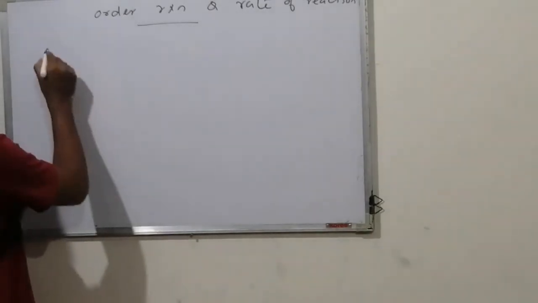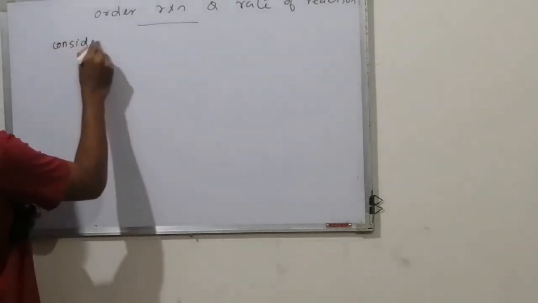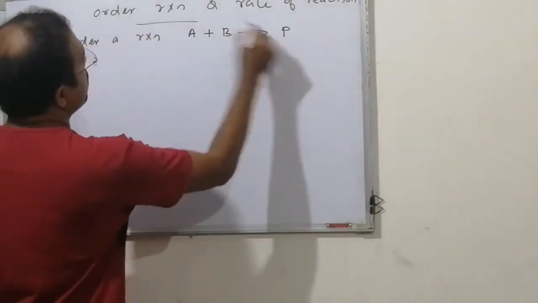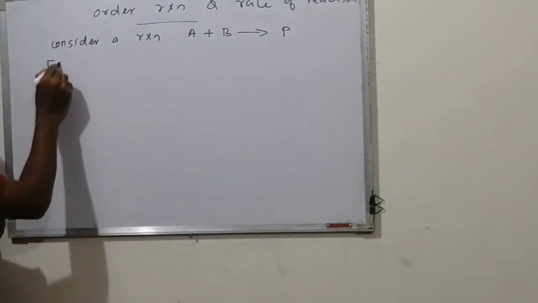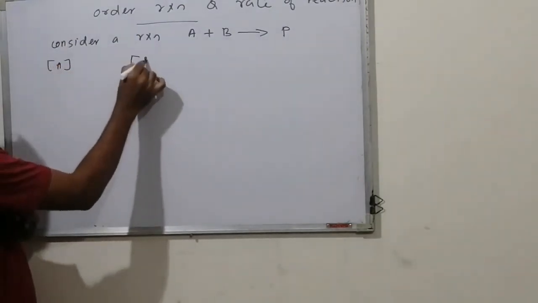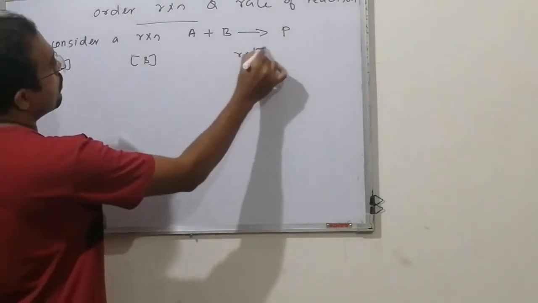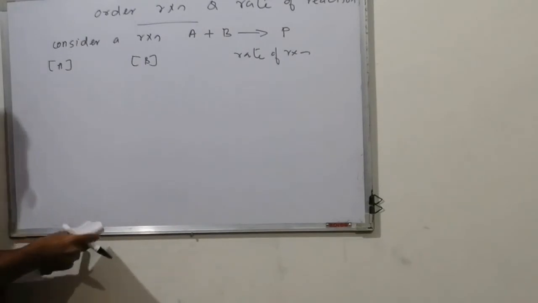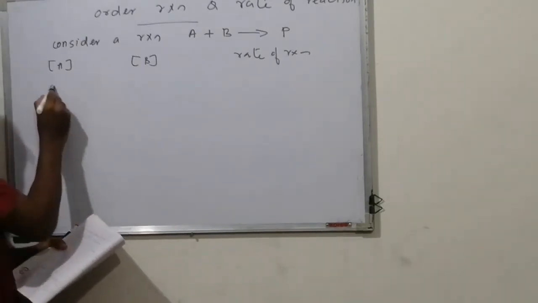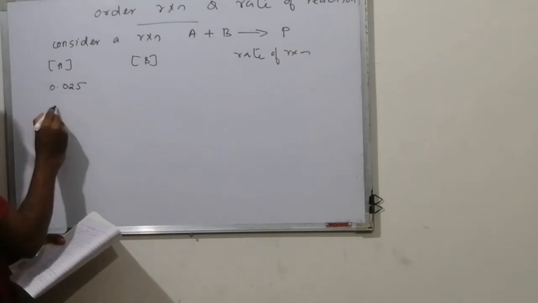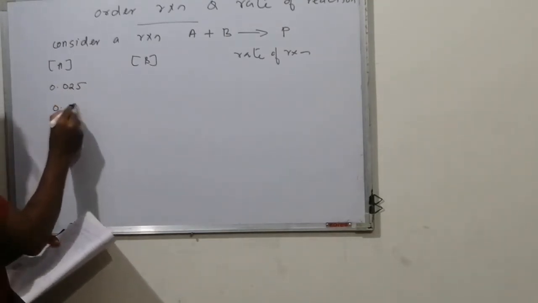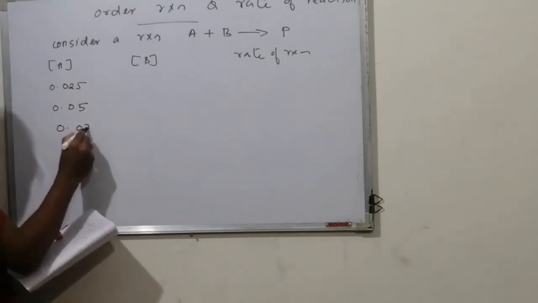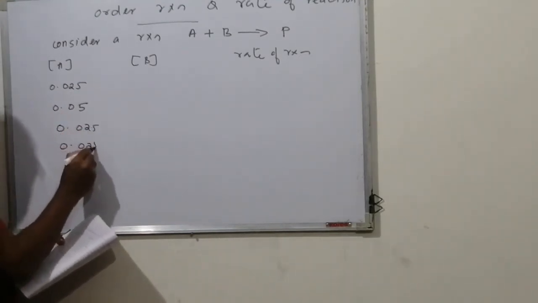Consider a reaction A plus B gives products. Concentration of A, concentration of B, and rate of reaction. Concentration of A is given 0.025, 0.05, 0.025, 0.025.